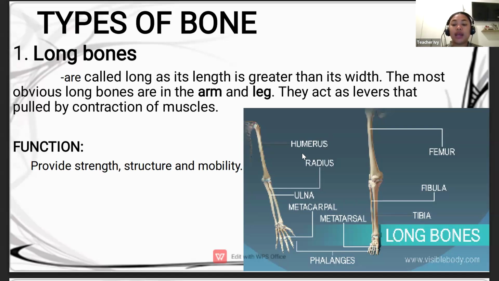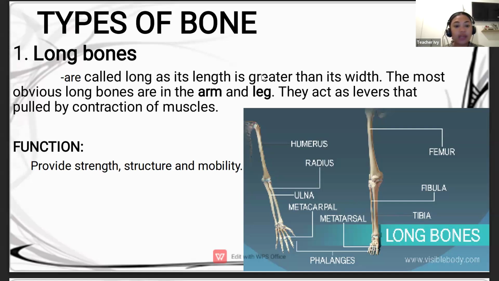Next, in our legs, in our thigh, we can find the longest bone of the body, which belongs to the long bones and is called the femur. And if in our arm we have the ulna and the radius, in our leg we have the so-called tibia and fibula.